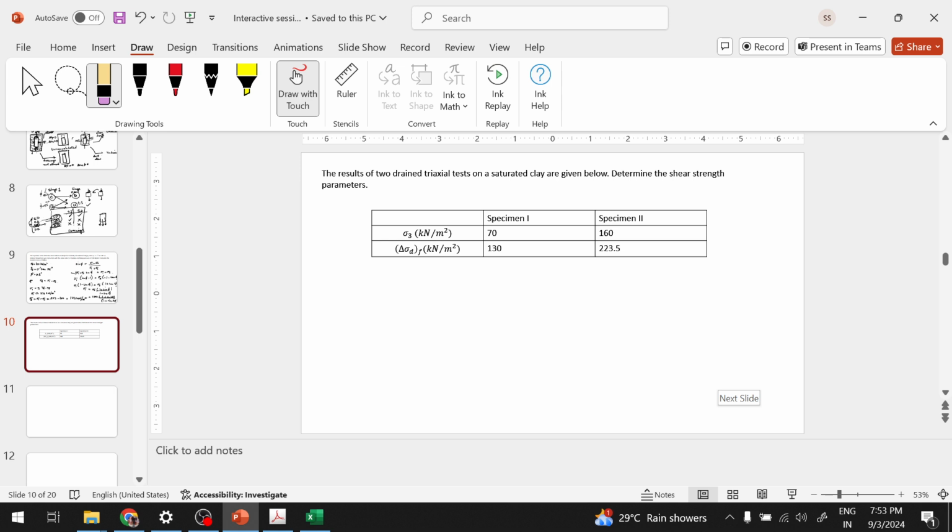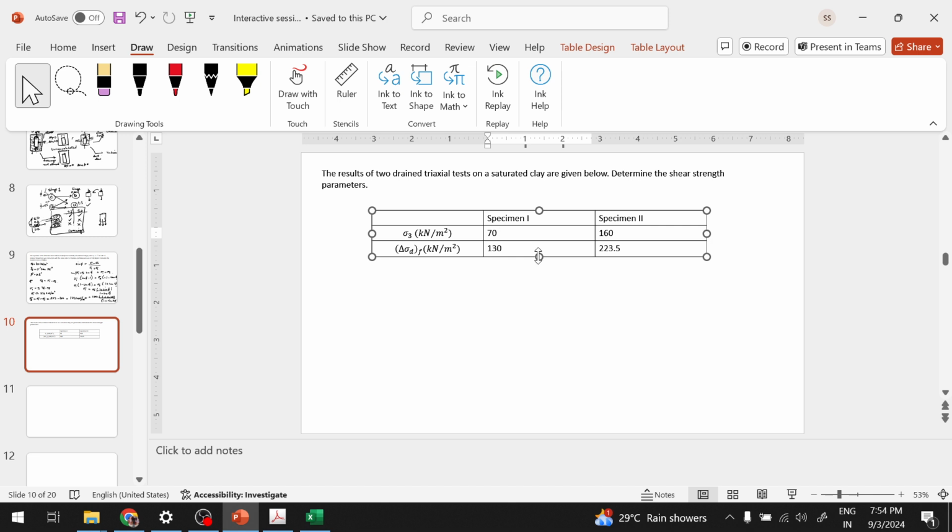We don't know if C is 0 because normally consolidated is not mentioned, so let us not assume C to be 0. We will know two values for the Mohr circle. We can draw the circle. Let's do that.